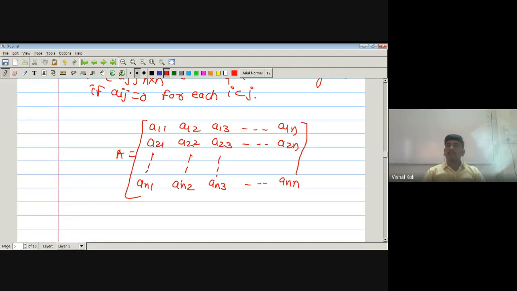That is, it will be a square matrix of order n by n.